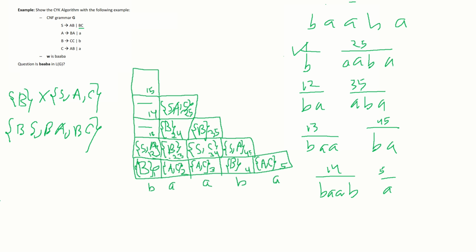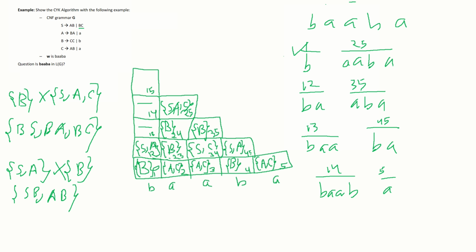Now check the second one, that is from position 1 to 2. So how can we generate position 1 to 2? Well, the first column of our second row is from position 1 to 2, which is SA, and position 3 to 5 is in the last column of our third row, which is from B. So if we cross product, we will get SB and AB.